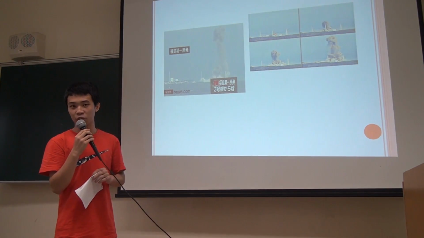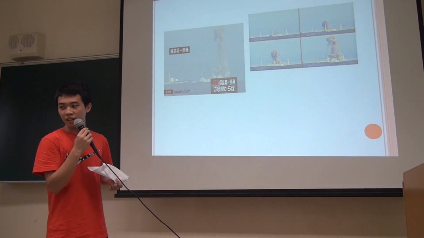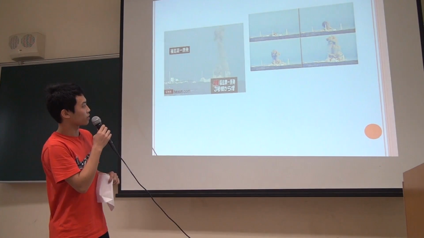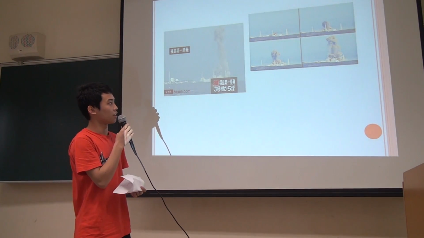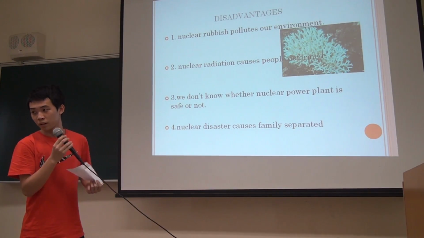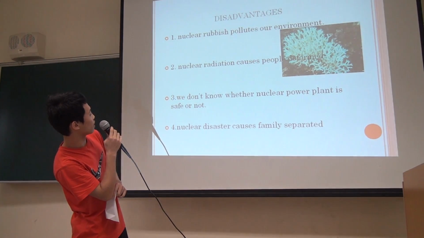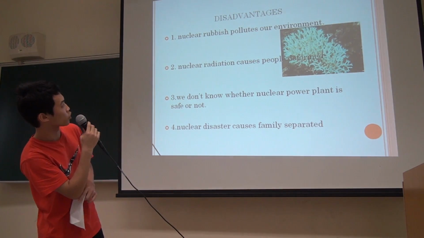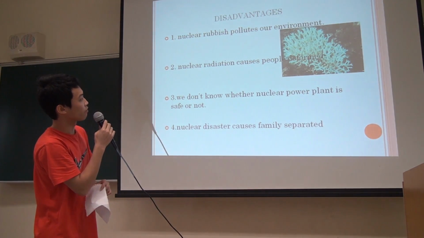Okay, next page. I think most people don't like to build the nuclear power plant because of Fukushima, this accident. Okay, next page. Nuclear power plants have four disadvantages. The first point is nuclear rubbish pollutes our environment.